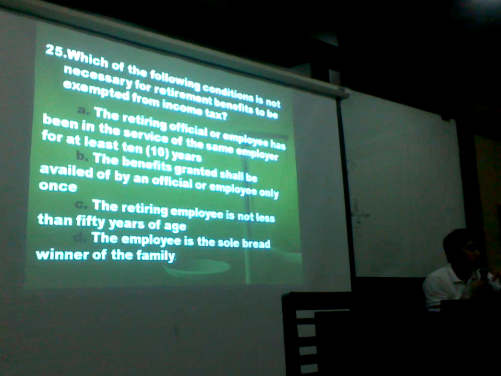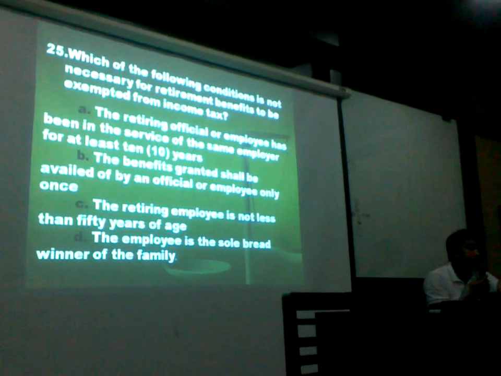The employee is sole breadwinner of the family. Letter C, the retiring employee is not less than 50 years of age. Or letter B, the benefits granted shall be availed of by an official or employee only once. Or letter A, the retiring official or employee has been in the service of the same employer for at least 10 years. It's letter D.